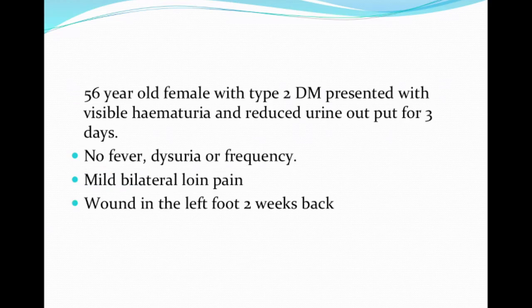A 56-year-old female with type 2 diabetes presented with visible haematuria and reduced urine output for 3 days. She has no fever, dysuria or frequency. There's mild bilateral loin pain, and there's a wound in the left foot which had been there for 2 weeks.